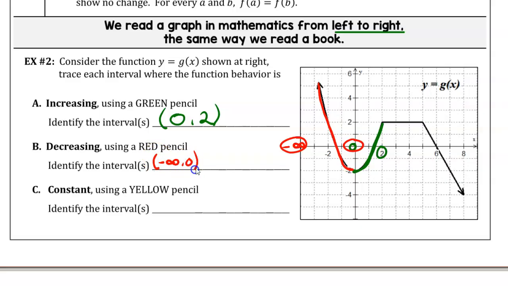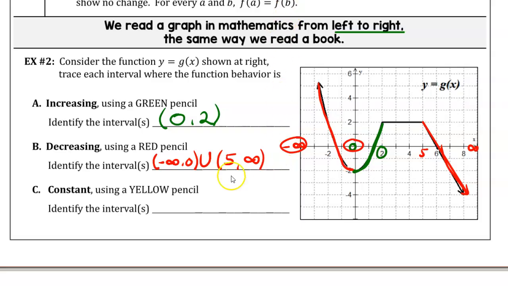And then also over here, starting at 5 and going to positive infinity. Because this goes down forever and ever and ever. It just keeps on going. So right here, from 5 to positive infinity. Again, we use a union to link the two parts of the answer together.